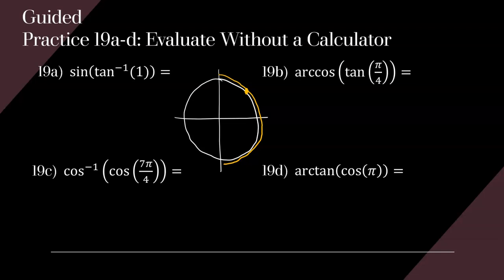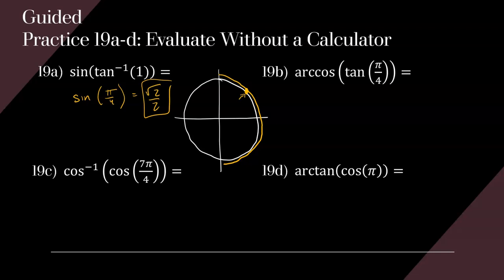So that's at pi over 4 radians. And so now we just want to find, well, what's the sine of pi over 4 radians, which is at the same spot. So the sine at that value is going to be square root of 2 over 2. So that would be your answer for 19a.